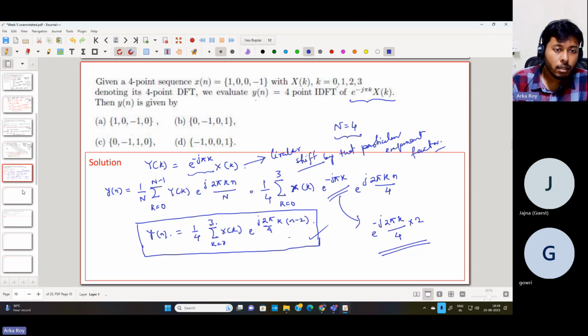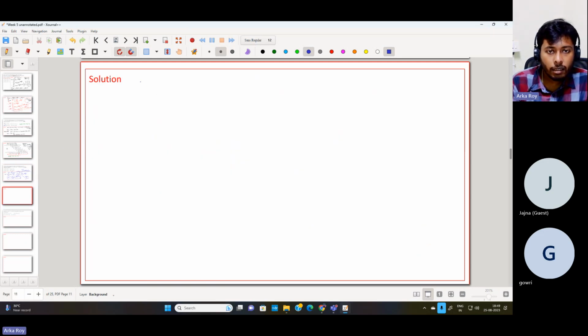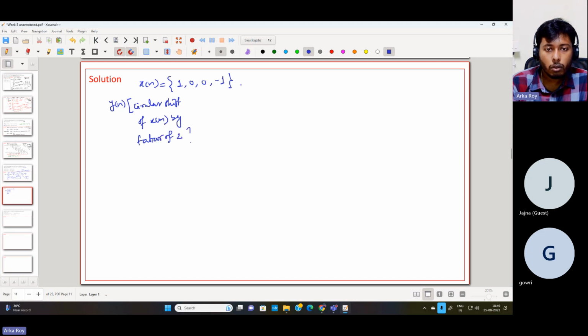So I can write that x[n] is equal to, so the sequence is given as 1 0 0 minus 1. So 1 0 0 minus 1. So the output y[n] is basically the circular shift of x[n] by a factor of 2.